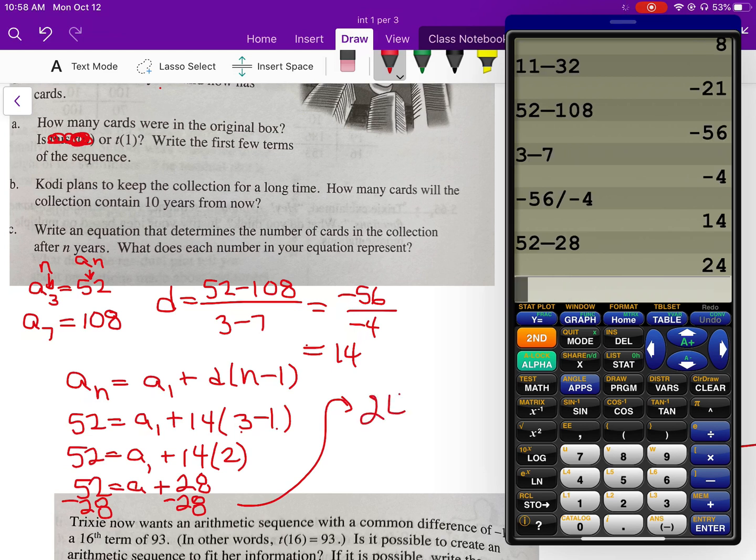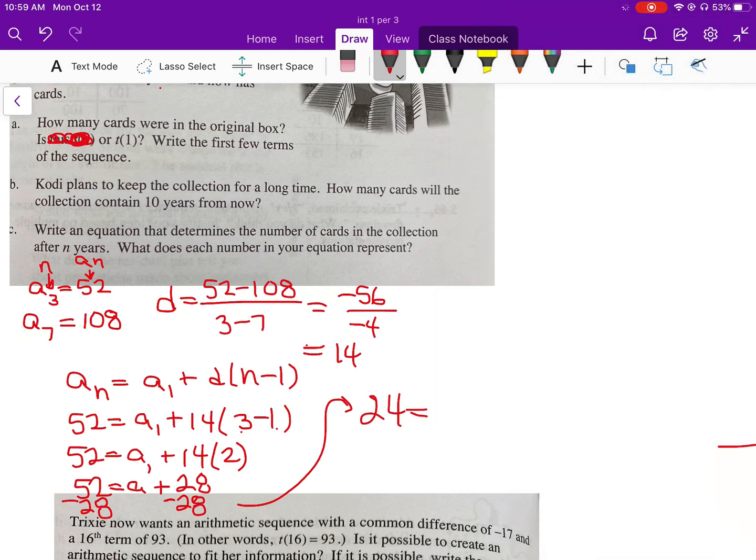So what does that 24 represent? A sub 1. And what is A sub 1? How many he started with? That's the starting value, right? So how many were in the original box? 24. So there's 24 in the original box.